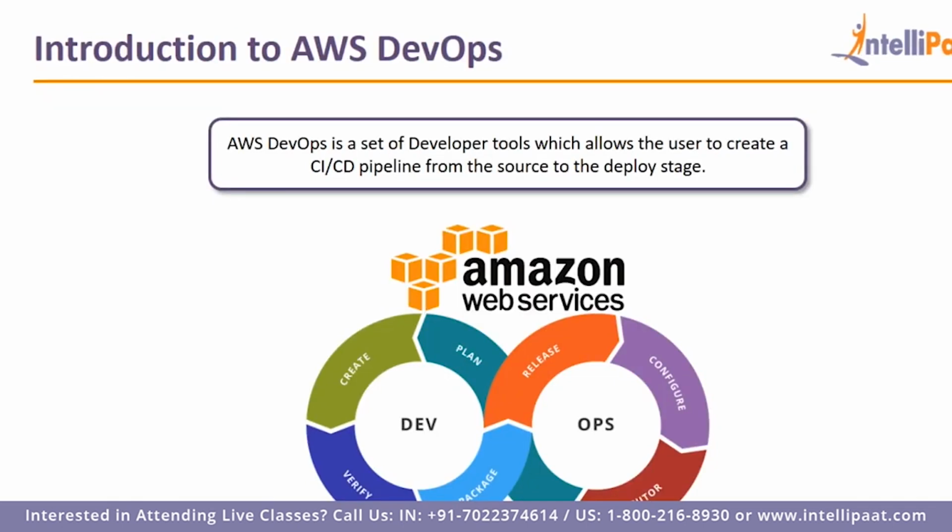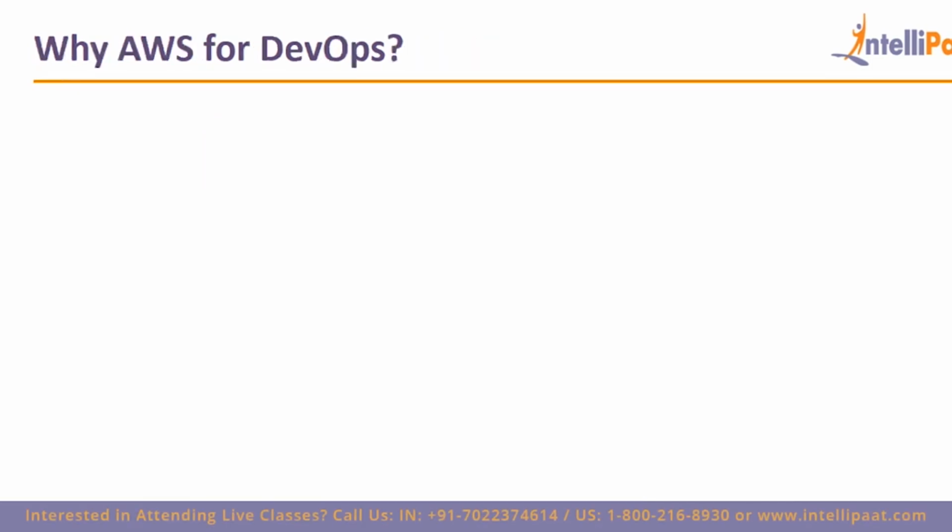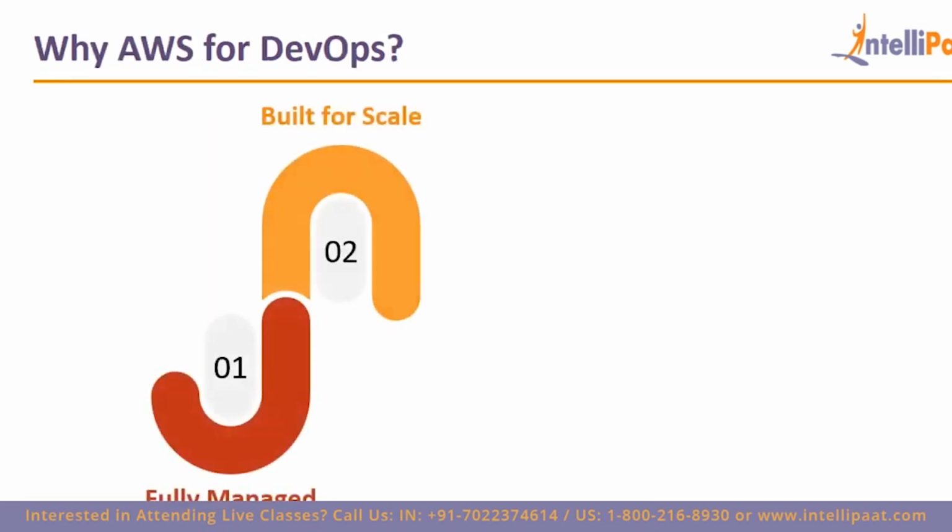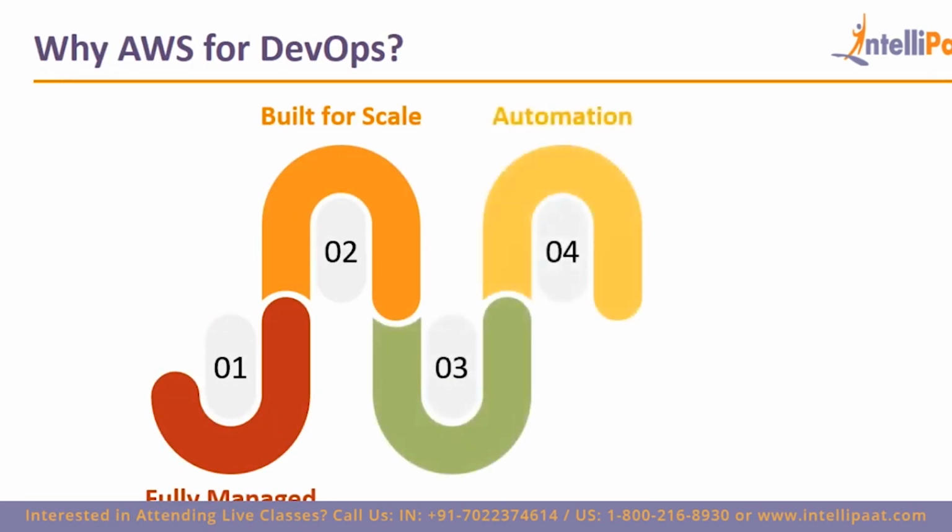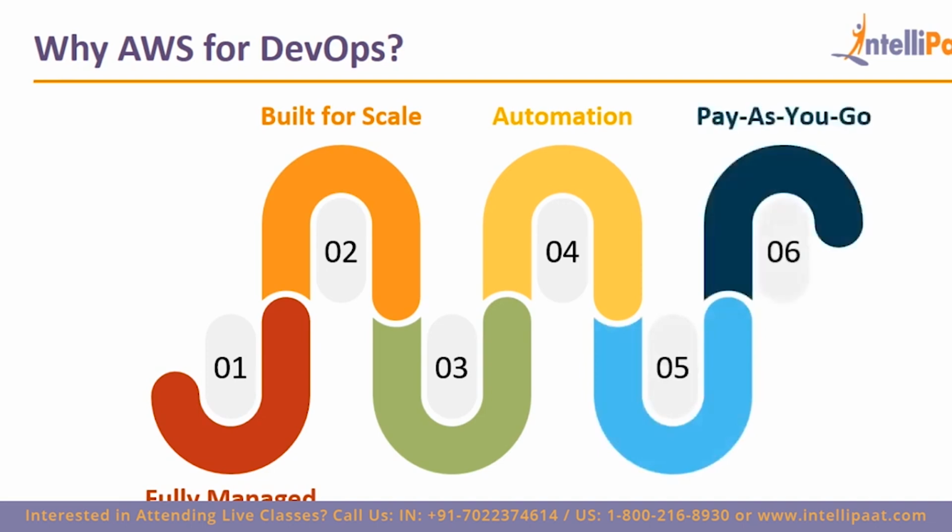So basically it is using DevOps principles on AWS, and there are a few developer tools used to do that. And then why AWS for DevOps? Because of fully managed services, you can scale easily, it is programmable, and there is automation. You can automate your entire company's process, and it is secure. And also, as I said already, it is pay as you go.